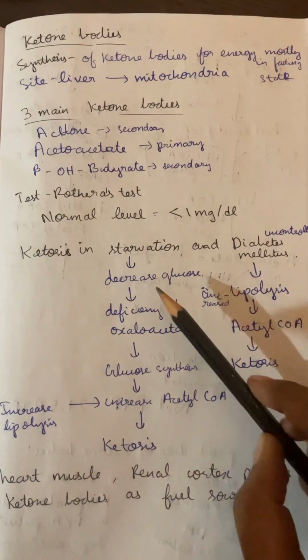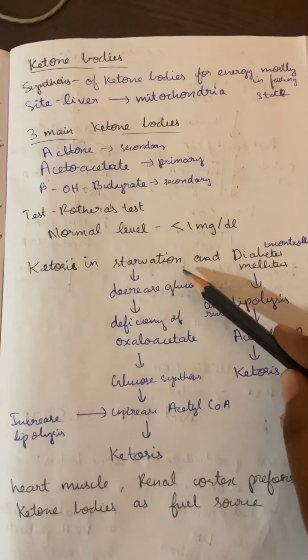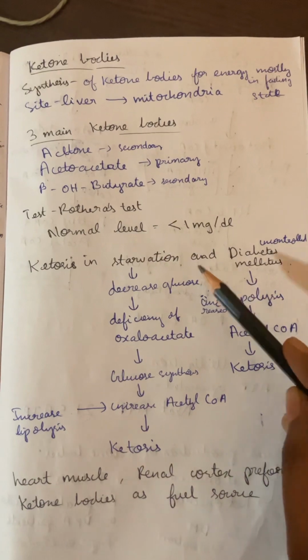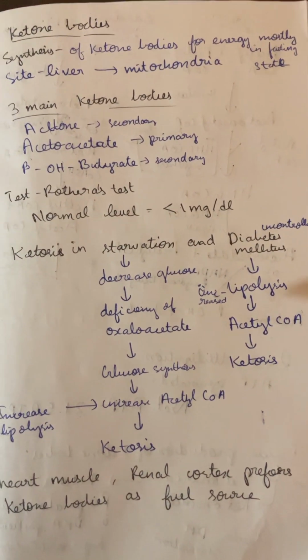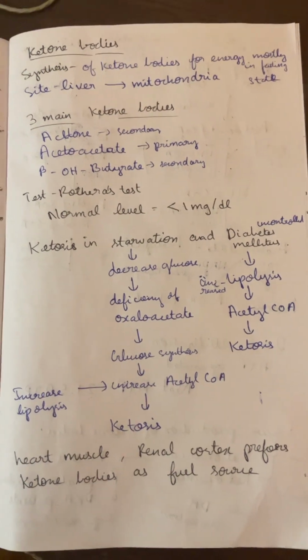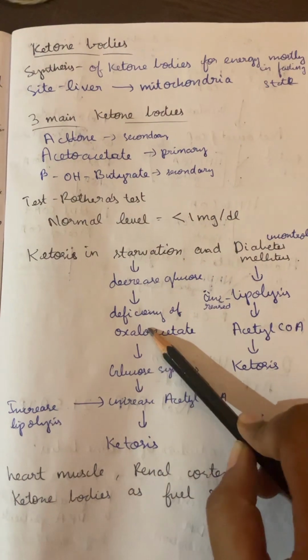In starvation, glucose is decreased because of decreased intake of food, and from that there is a deficiency of oxaloacetate. This is very important for lipolysis and for glucose also, but that is also deficient.